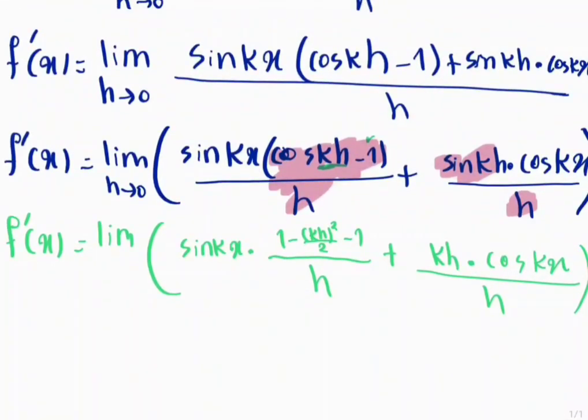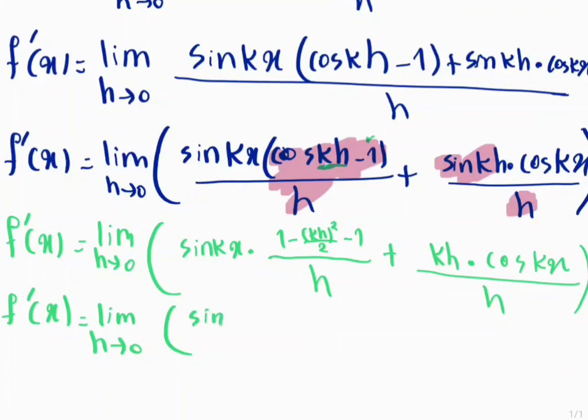Now we can simplify some of these. So f dash x is equal to, as h tends to 0, so it's very important. Yeah, you can obviously write this first so that you won't forget that.